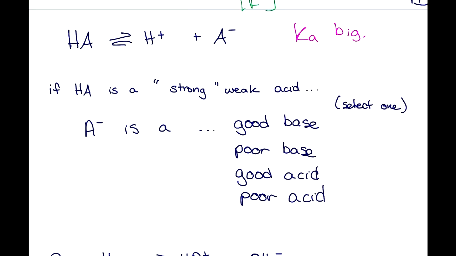If HA is a really good acid, A minus is going to be a poor base. It's never going to be an acid, because A minus doesn't have protons. If it's a poor base, what is the Kb of A minus? It is a small number, right? Ka and Kb have to multiply to Kw. All right, let's keep going.